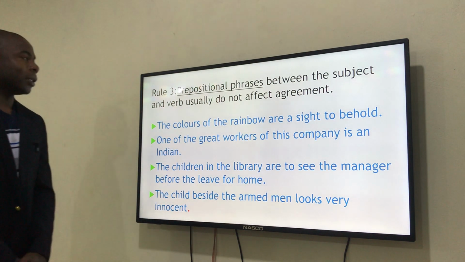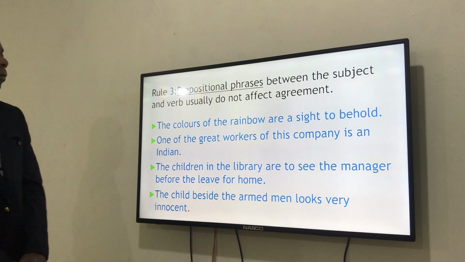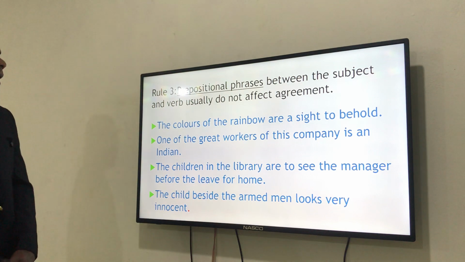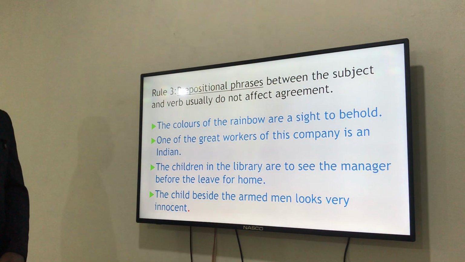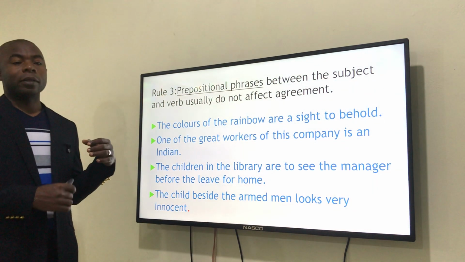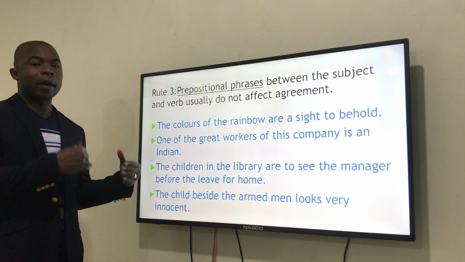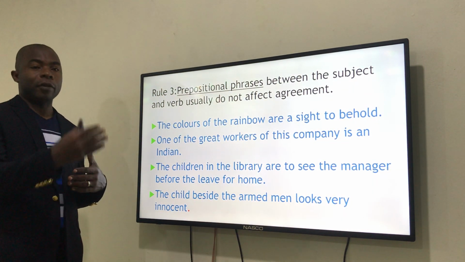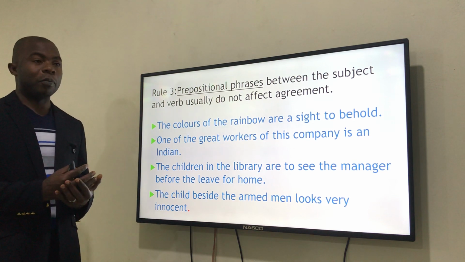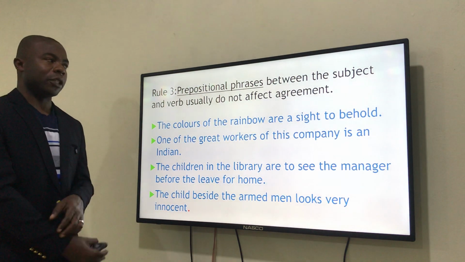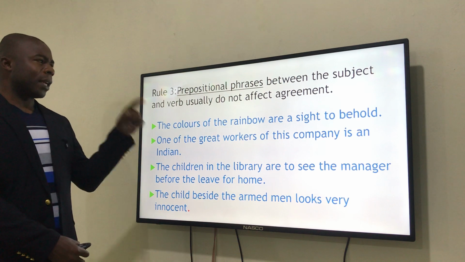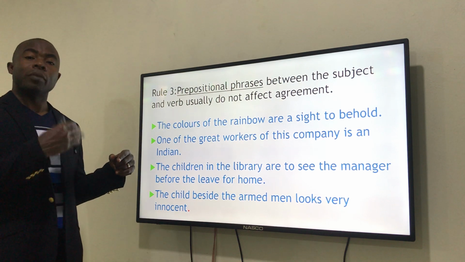So the third rule is prepositional phrases between the subject and verb usually do not affect the agreement. We talk about some words coming between the subject and then the verb. Some of those words could be prepositional phrases. It is easy to understand them because they begin with prepositions.